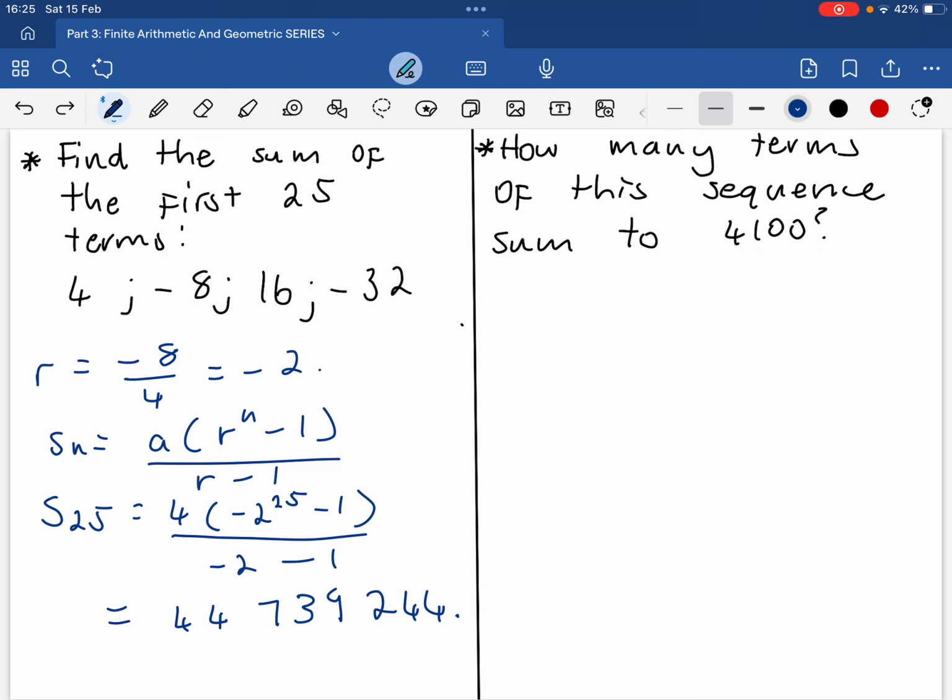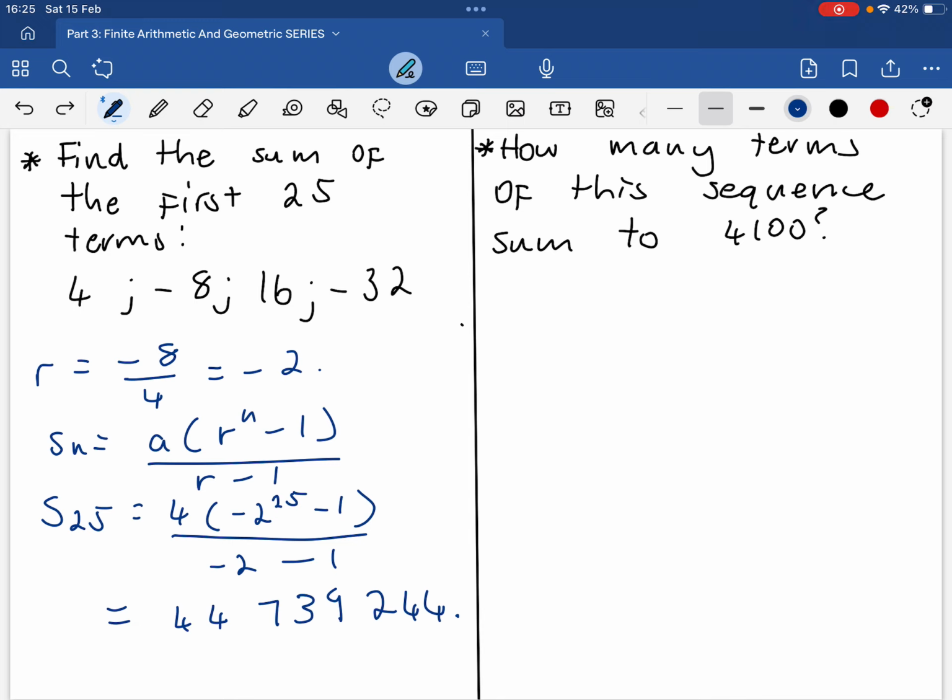In other words, instead of asking us to find the sum of the first 25 terms where we've been given n as 25, we've now been given Sn as a value. We've been given that the value of Sn is 4,100. The sum of a certain number of terms is 4,100. So we can replace Sn with 4,100.